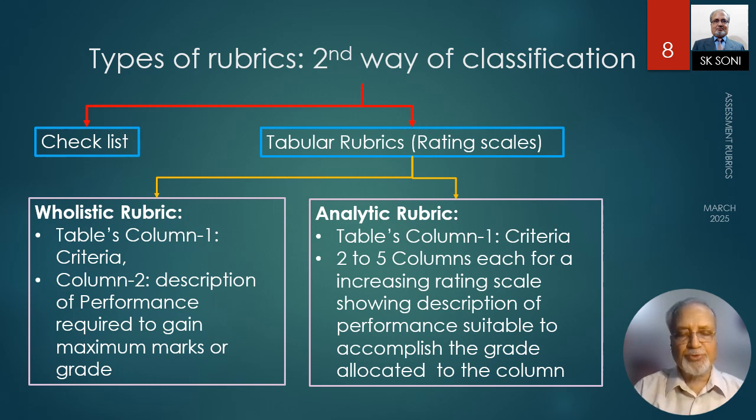In analytic rubric, the column 1 describes the steps of performing or criteria or sub-skills, and column 2 to 5 each for increasing rating scale showing description of performance suitable to accomplish the grade allocated to the column. So now we will see a few examples of these two or three different types of rubrics.